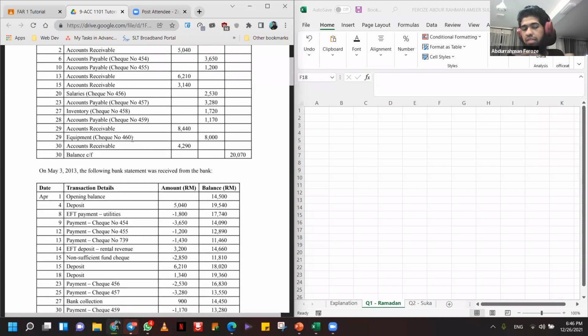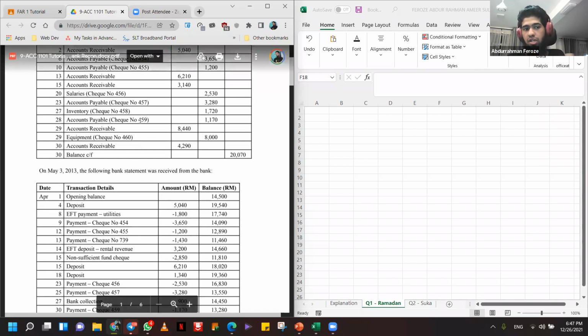These two checks are deposits in transit, meaning that it has been done, but it has not been received by the bank. So it will be present on the cash book, but it won't be present on the bank statement. You can even verify that. You have check 459 and check 460.